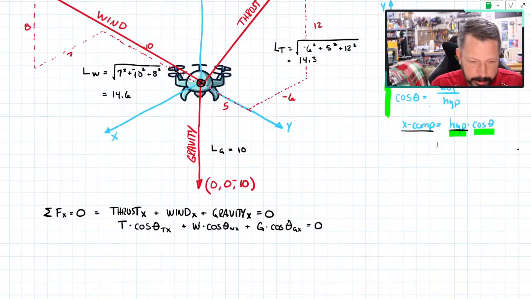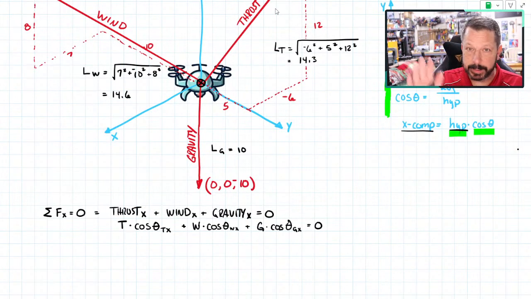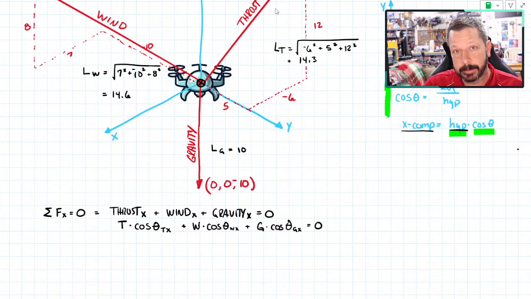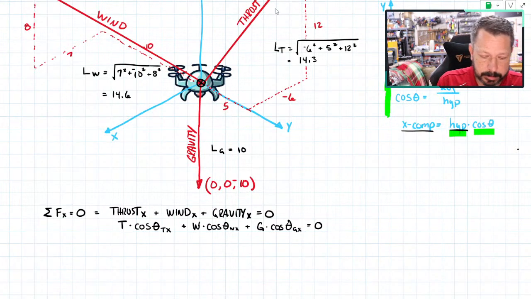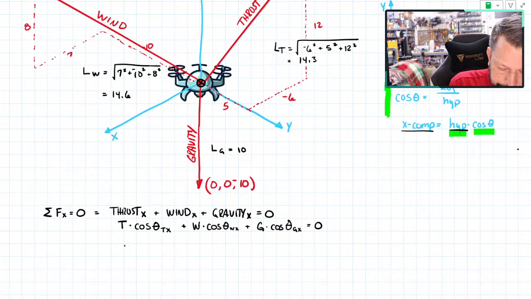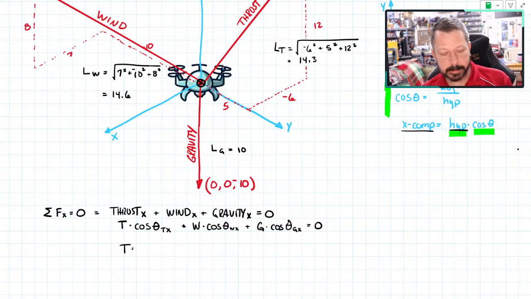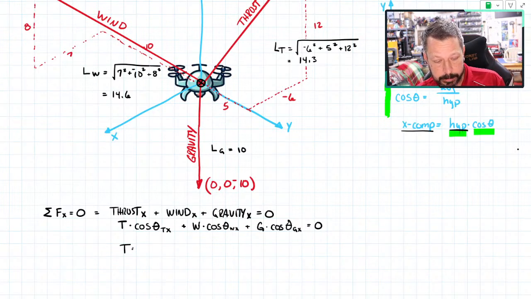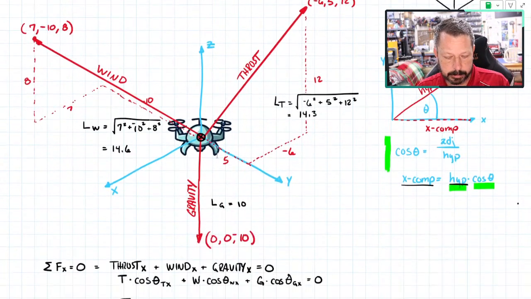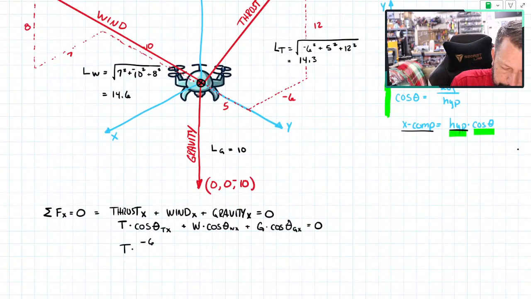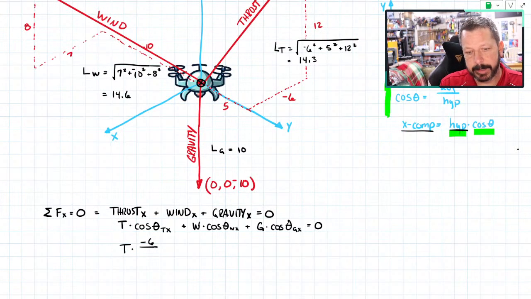So what I can do, and again, this might take you a couple of times of working through problems like these, and you've got several in web work and in the optional web work to practice on. But here's what it's going to look like. T times, instead of cosine theta tx, I'm going to use the definition of cosine theta, adjacent over hypotenuse. Take the x component for T, which is, well, it scrolled off the screen, but it's -6, over the hypotenuse, which I've labeled as the length.